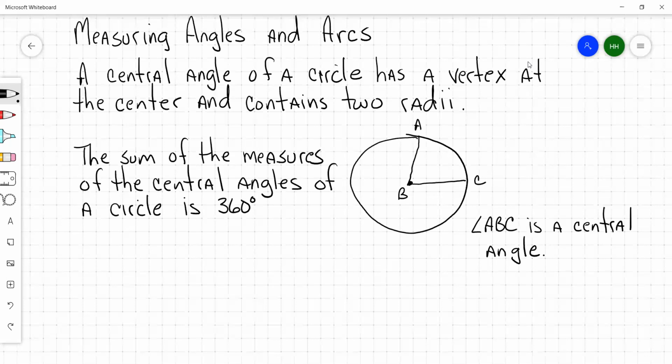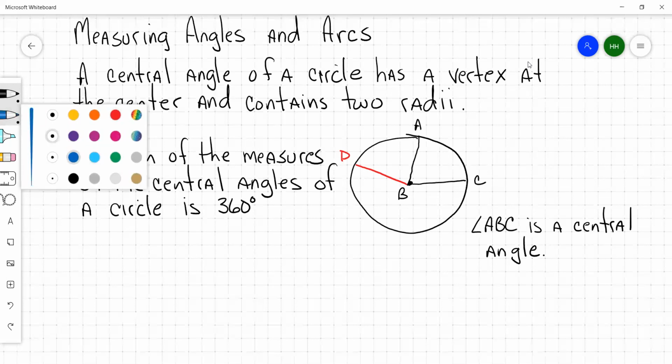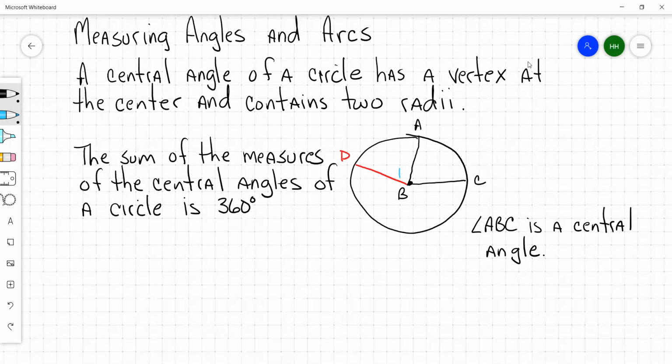Meaning if you've got this central angle ABC, and then if you were to add another radius right here, call this point D, you've now got three angles inside of this circle. The sum of these three angles, angle 1 plus angle 2 plus angle 3, has to equal 360 degrees.